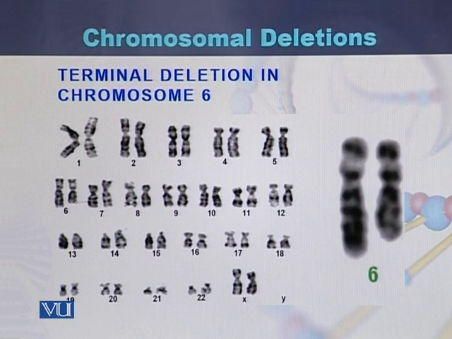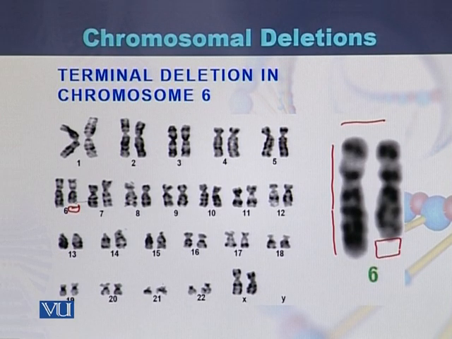Terminal deletion in the case of chromosome 6. Another example of chromosomal deletion is chromosome 6. In the case of chromosome 6, here is the small portion of the chromosome. If we magnify chromosome 6 here, this chromosome is the larger one, while its homologous chromosome is the smaller one.